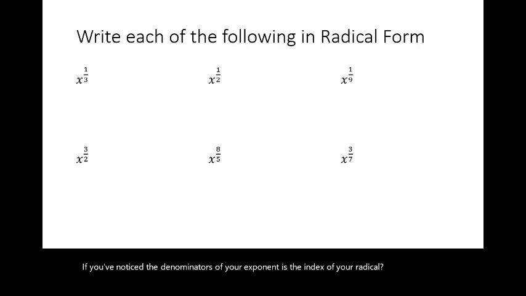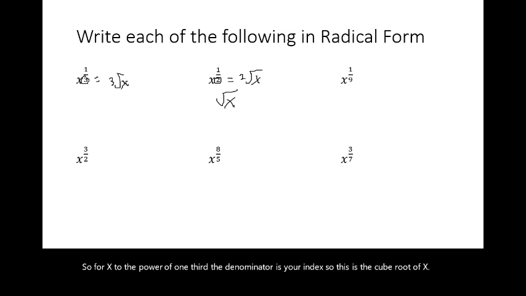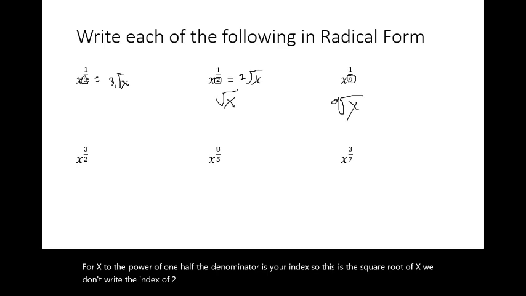So for x to the power of 1/3, the denominator is your index, so this is the cube root of x. For x to the power of 1/2, the denominator is your index, so this is the square root of x. We don't write the index of 2. Then for x to the power of 1/9, the denominator becomes your index. So this is actually the 9th root of x.